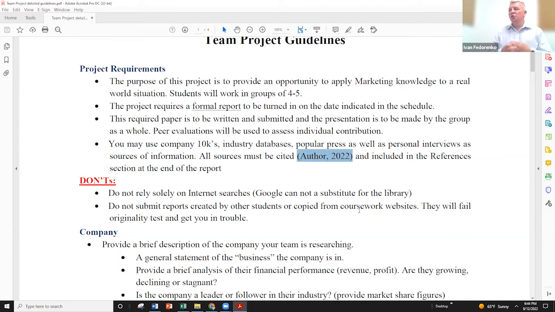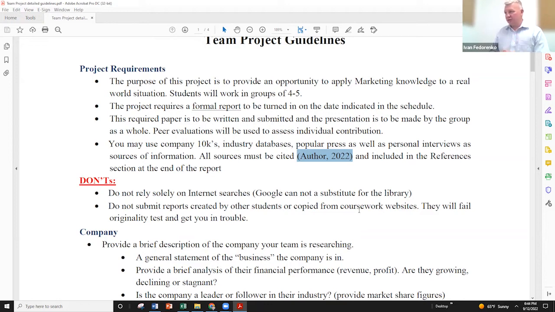This is why you basically cannot use Google for this project, because whenever you Google something like marketing strategy of company Apple, the first 10 pages of Google results will be works submitted by other students to other institutions.